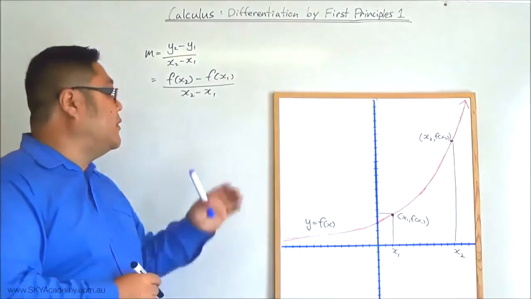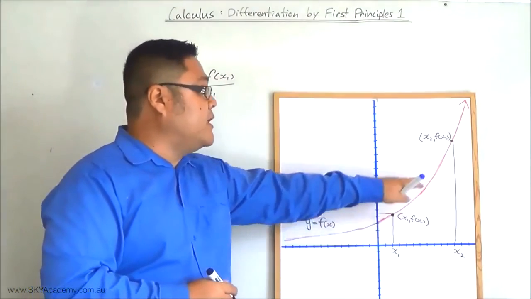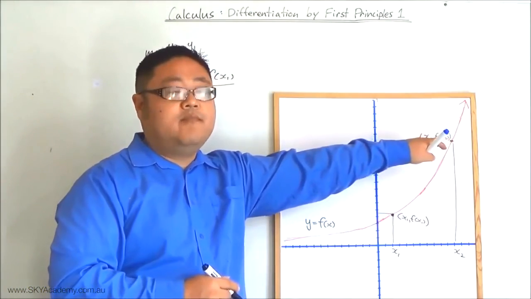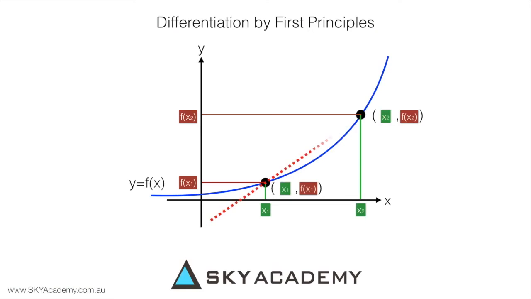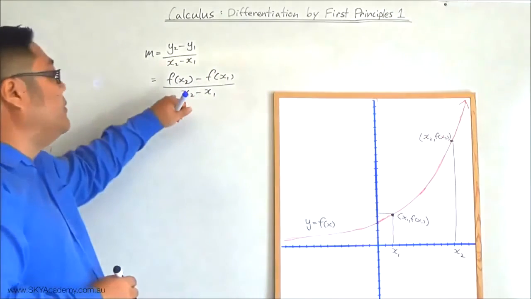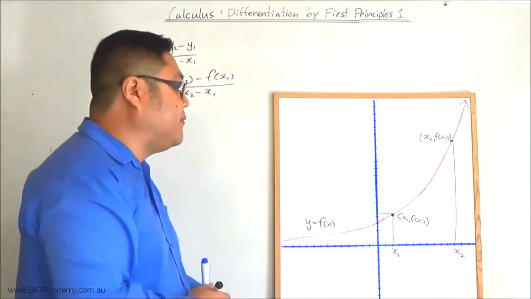So that will be the gradient between these 2 points. If we were to draw a line here, the gradient of that line will be given by that.